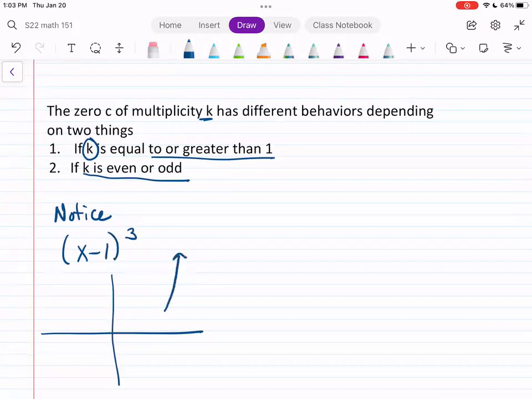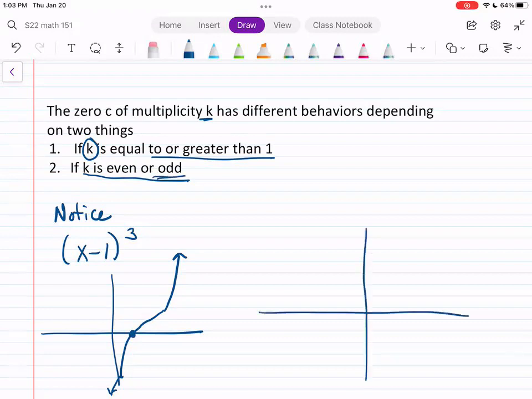And because the exponent is odd, the left hand is going to go down. And now we know that there is a root at positive 1. So we can make that prediction. Notice, because it's odd, it crosses the x-axis.